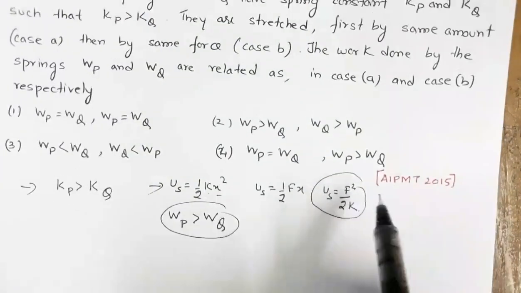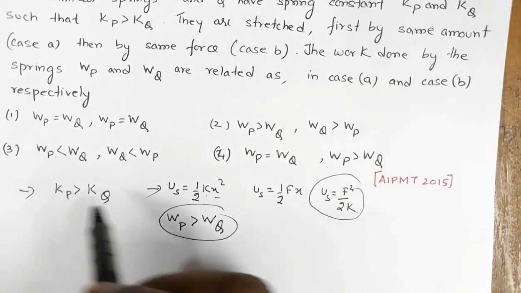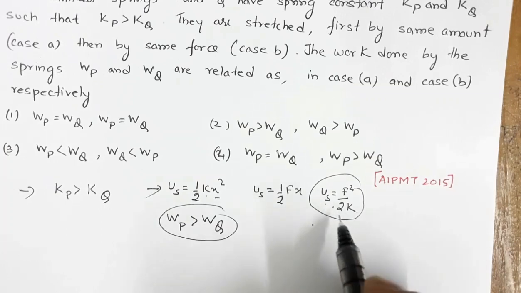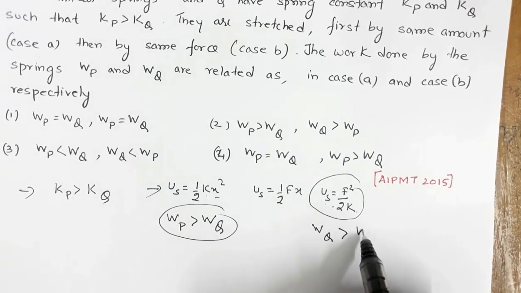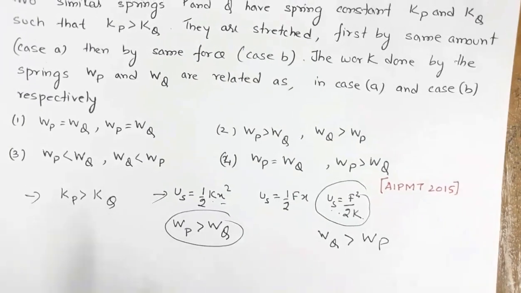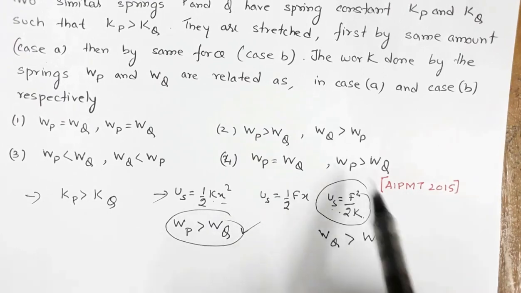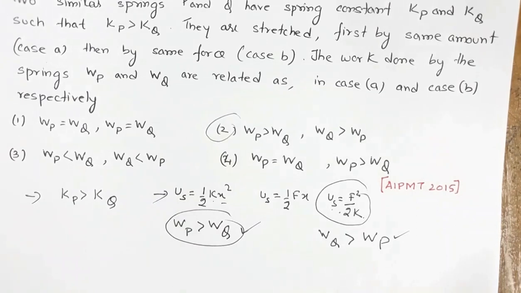If you see this relation, for both the springs F is the same, but K for spring P is greater than that of Q. So in this case U is inversely proportional to K. So this implies potential energy stored in Q will be greater than that in P, or work done in Q will be greater than that in P. Okay, so if you see option 2, Wp greater than Wq for the first case, Wq greater than Wp for the second case. So option 2 is the correct answer.